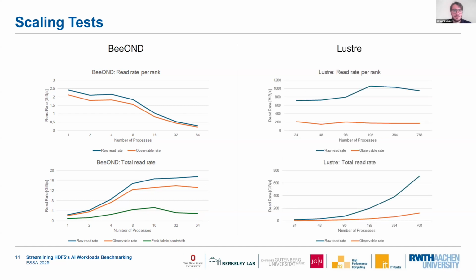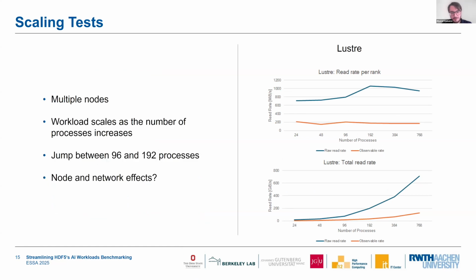Let's go to the next scaling test on a Lustre file system. Here we were testing multiple nodes from 24 to 768 processes. When testing the Lustre file system at a larger scale, we observed that the workload scales as the number of processes increase.